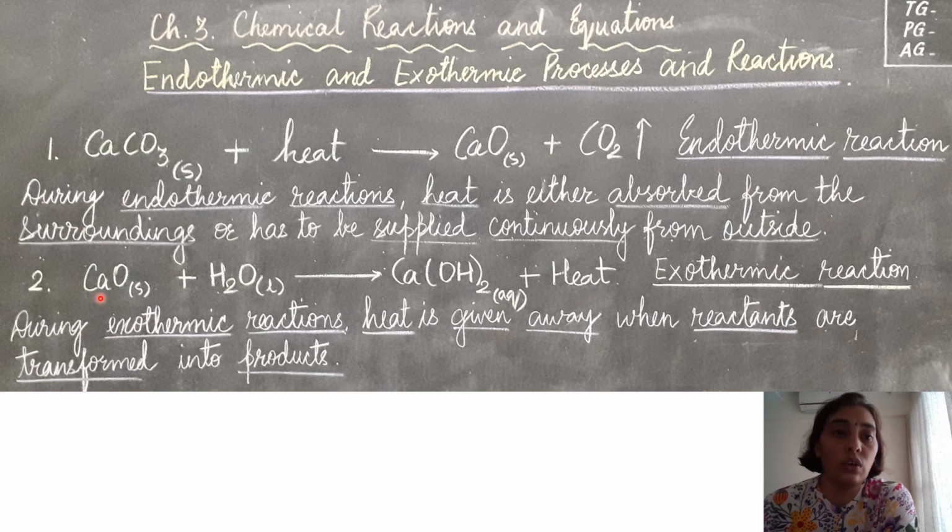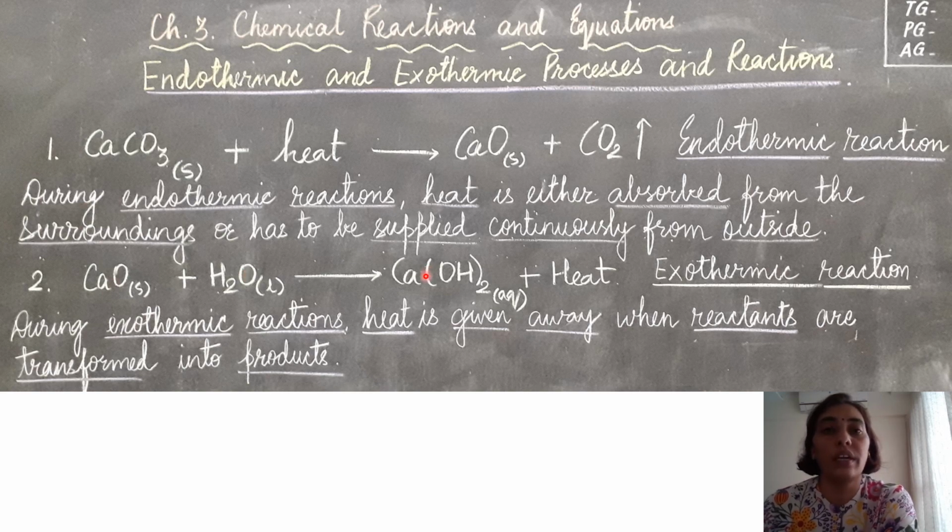We call calcium oxide lime or quick lime, and to this we are adding water, and this is slaked lime, that is calcium hydroxide, or lime water also we call it, and heat is given out. So this is also one example that we had studied under combination reaction. In combination reaction, we had said 2 or more reactants give you a single product.